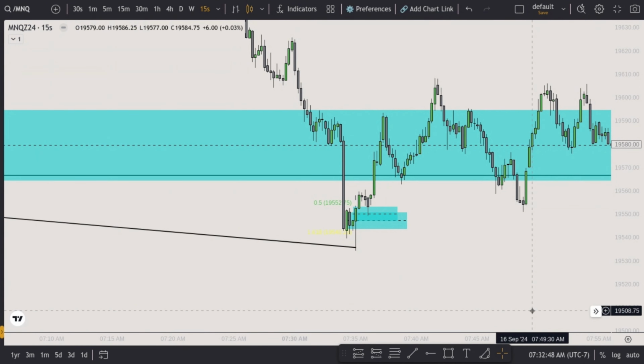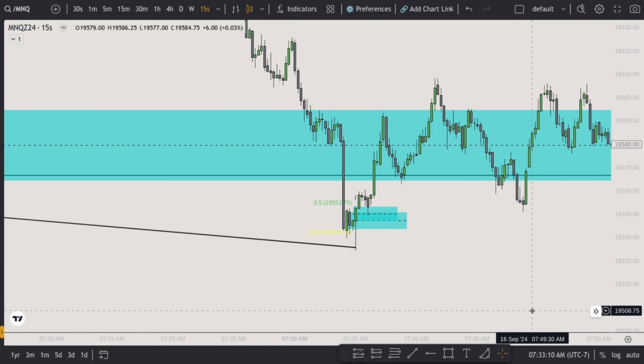Now, you always want to wait and make sure to do your 30-second entries or 1-minute entries after we tap into a 4-hour fair value gap, or after we take out sell side or buy side in a daily candle or 4-hour candle.